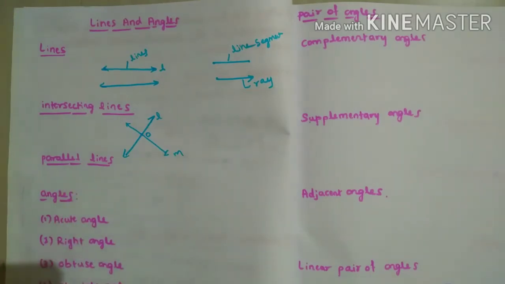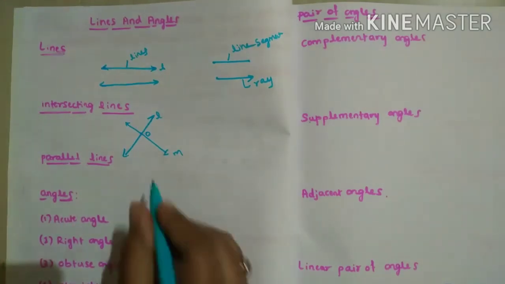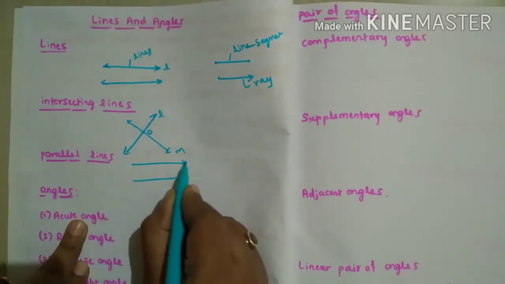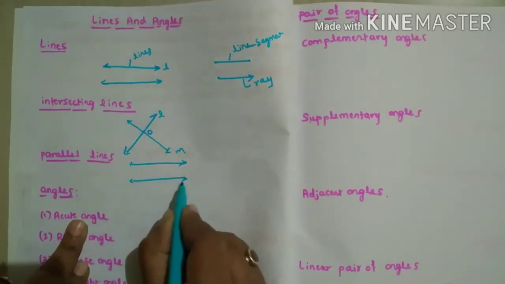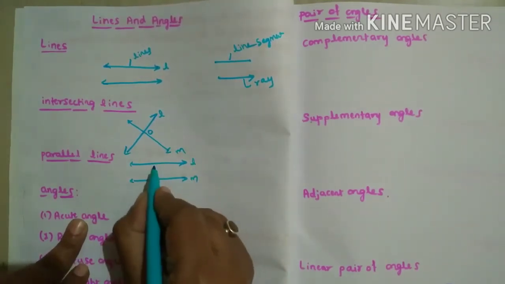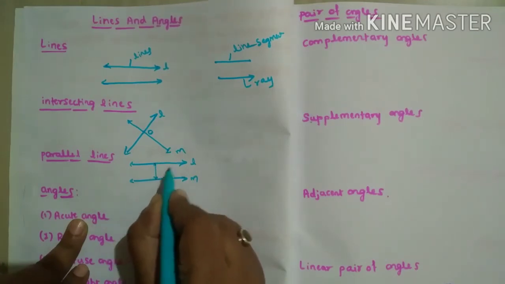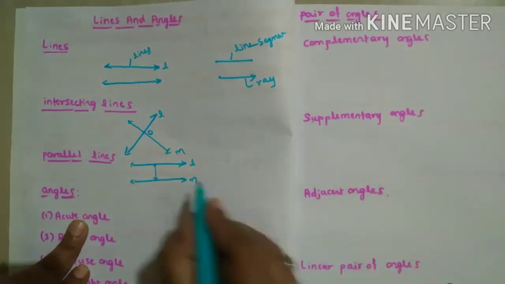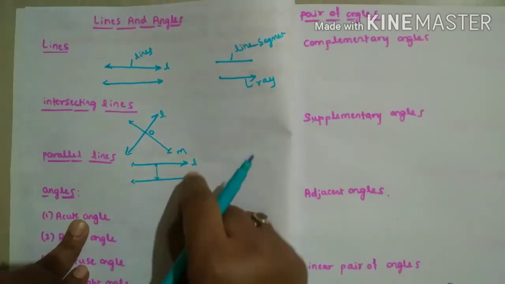Next we'll see parallel lines. Parallel lines means lines will be like this. And L and M I'll take. The distance between these 2 lines will be constant. However much you extend these 2 lines, this distance between them will not change.